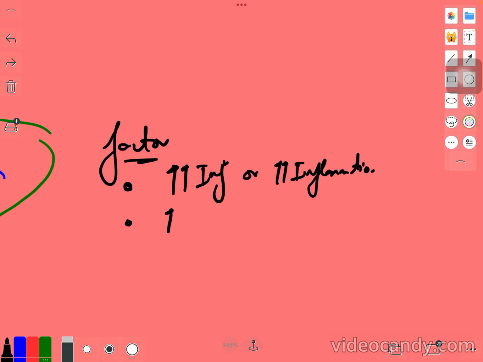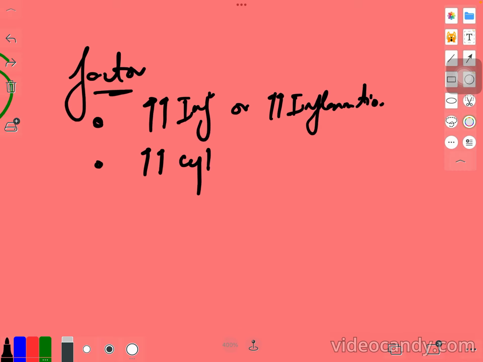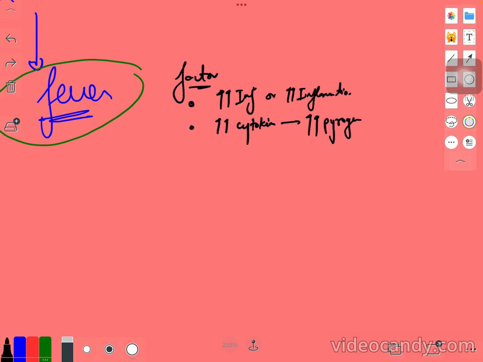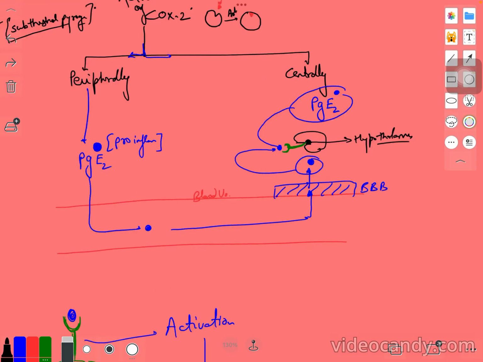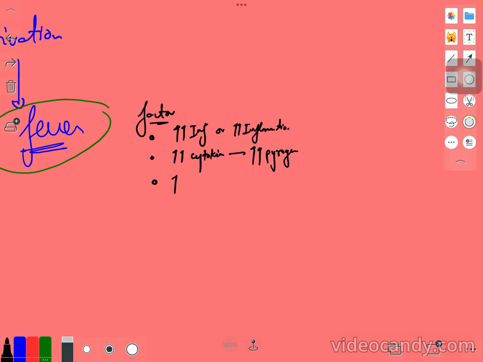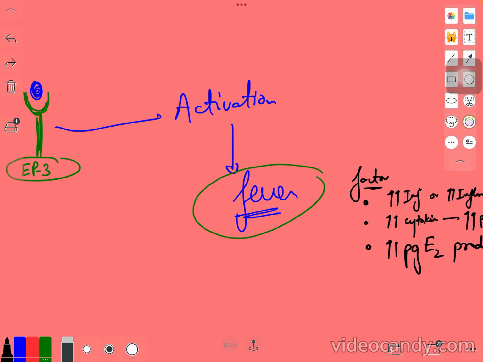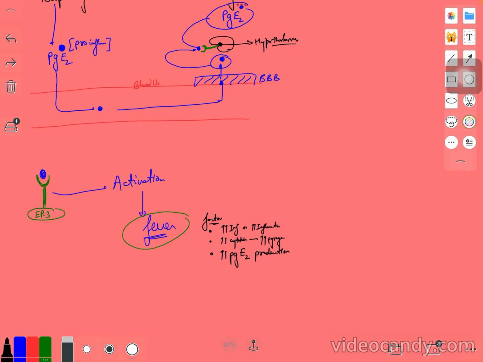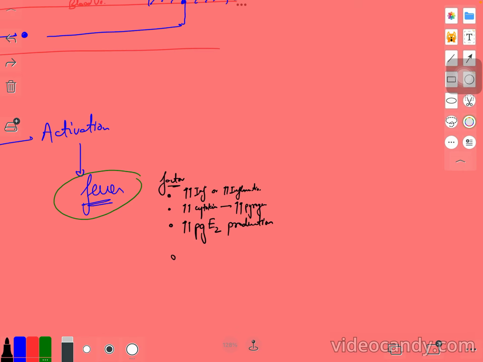Second, there is a high amount of cytokine release, in particular the pyrogens, that is, a high amount of pyrogen. Third, if there is a huge amount of PGE2 production, prostaglandin E2 production, then we come to the EP3 receptors.